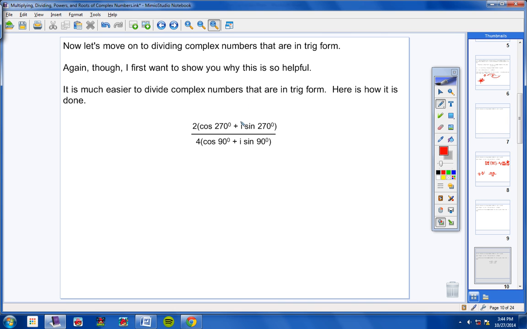Notice once again I'm dividing complex numbers. However, they're written in trig form, not standard form. Remember, standard form is this. Okay, that's standard form. Now watch this. You take your two hypotenuses, again if there's such a word, and you divide them. 2 divided by 4 is 1/2. Well, that's easy. Then you subtract your angles.